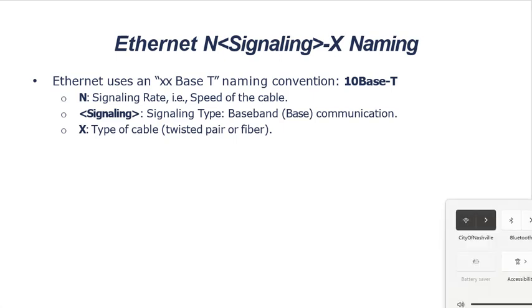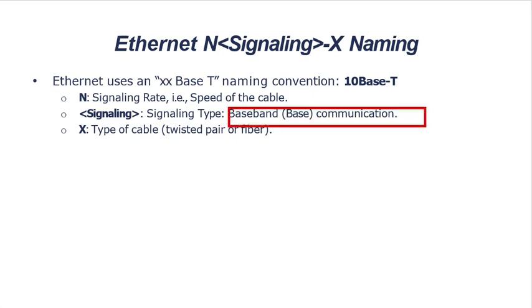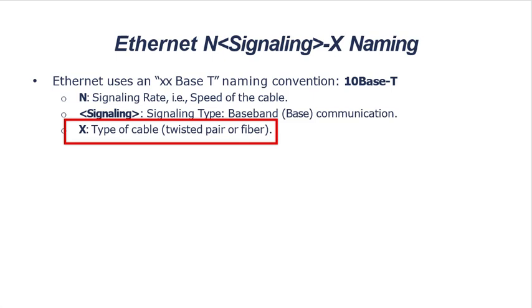It's the signaling rate, in other words, the speed of the cable. Signaling, for our purposes, is going to be baseband. You can also have broadband, but ours is only baseband, and I'll talk about why that is in a second. And lastly, X stands for the type of the cable. In this lecture, I really focused in on twisted pair, but it could be fiber or it could be coaxial as well.